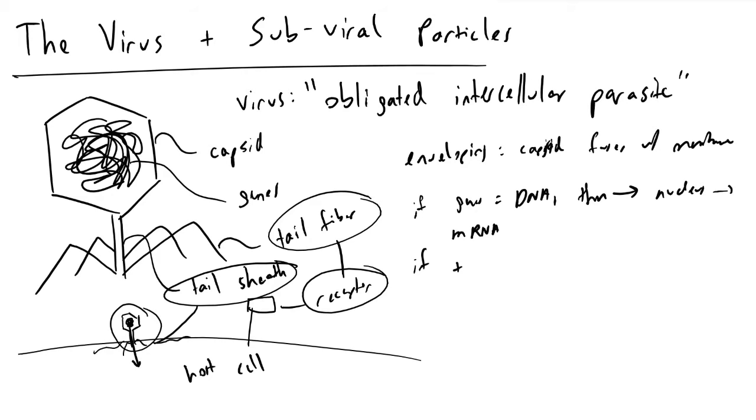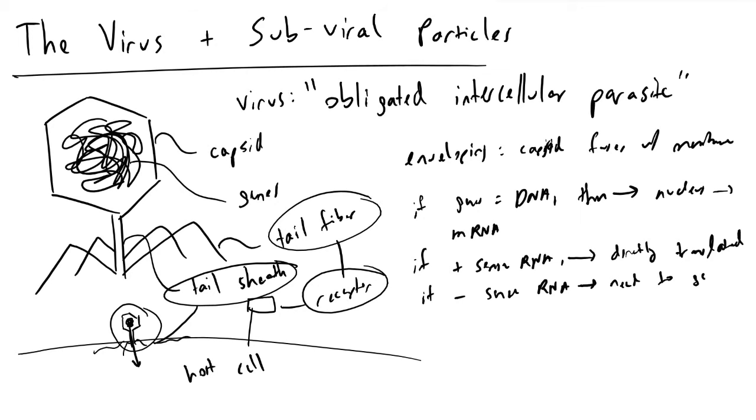If we have something referred to as plus sense RNA, so if the genetic material of the virus is RNA and it is referred to as plus sense, the plus sense RNA can be directly translated. So you can think of it as mature mRNA. But if we're dealing with minus sense RNA, we will need to have a copy of the RNA to have a complementary strand.